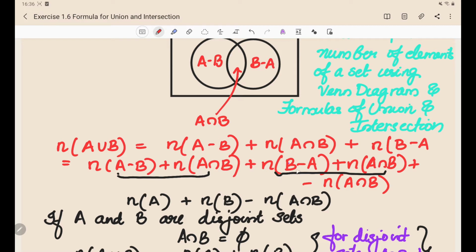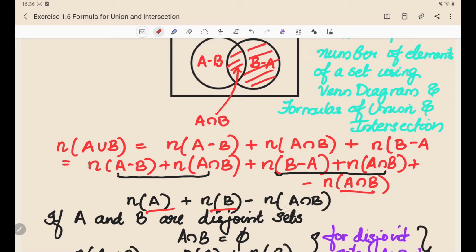Again, you can say that n of B minus A, that is this portion, plus n of A intersection B is the complete elements of set B. That is what is written here. So what is left over here? n of A intersection B minus n of A intersection B. Or you can simply think logically: if you want to take the union of the sets A and B, you can take all the elements of A and all the elements of B. But you can see that A intersection B is repeated two times, right?